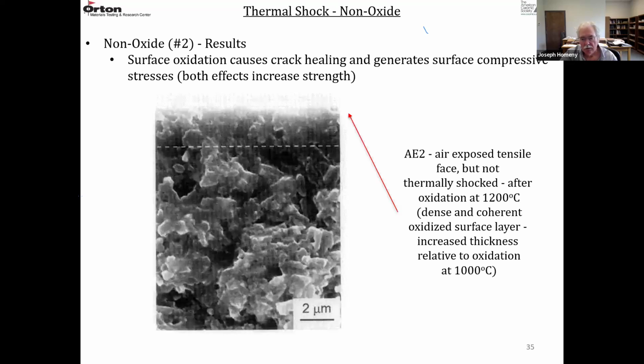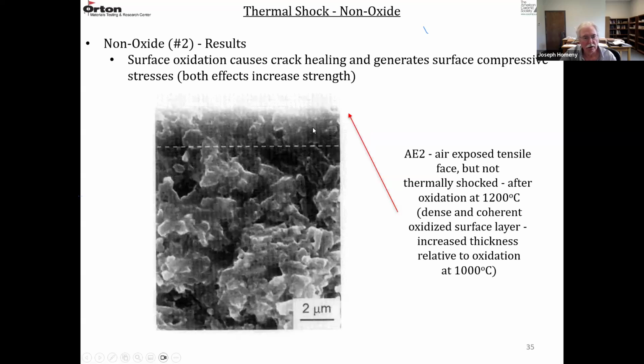And then at the highest temperature, again, AE2, air exposed, not thermally shocked, 1,200 degrees C. The surface is up here. It's about 4 microns where this dotted line is. So that's 4 microns below the surface. You still have a dense, coherent, oxidized surface layer.